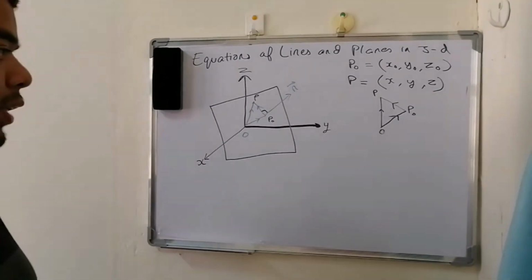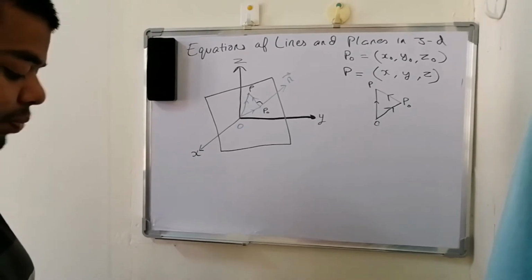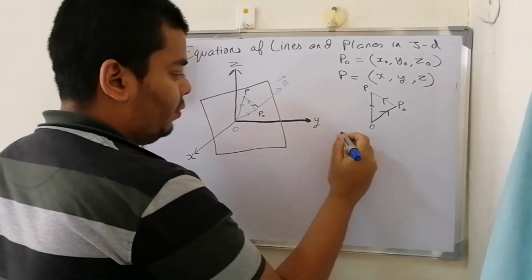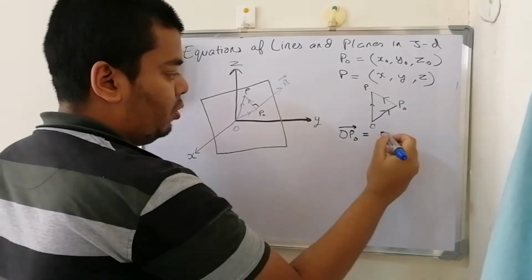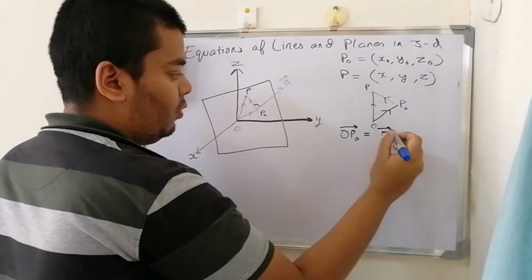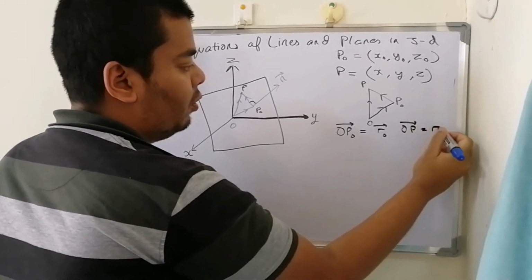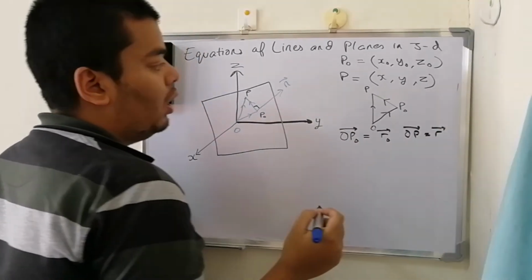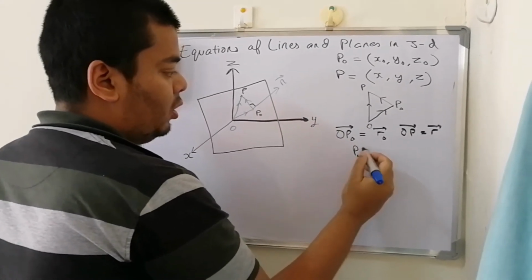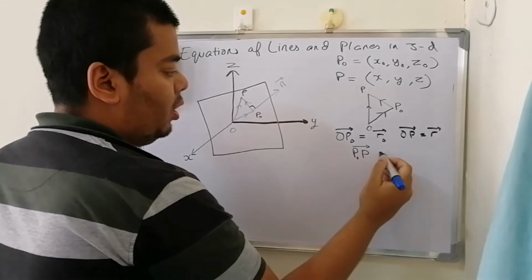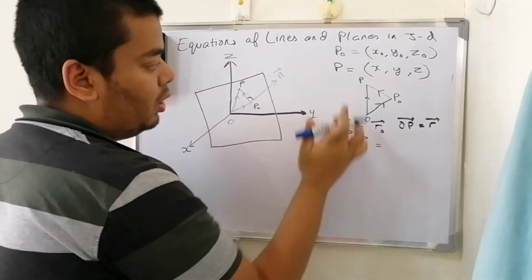Now let's name the vectors. We'll name OP naught equal to R naught, OP equal to R, and P naught P is equal to negative R naught plus R.